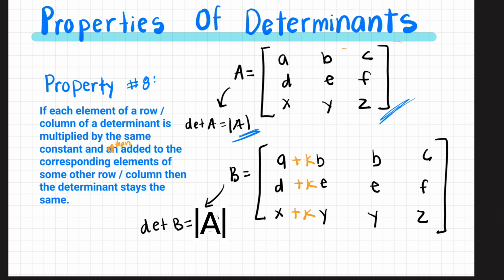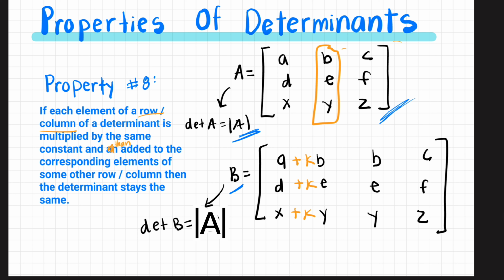Now let's say we have another matrix B, and that's where we're going to apply this property. So this property is saying if each element of a row, or in this case it says row/column, in this case, I took the column B, is multiplied by the same constant.